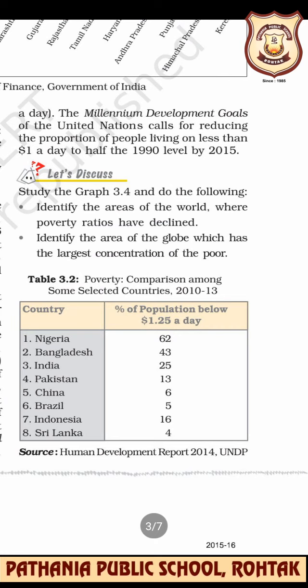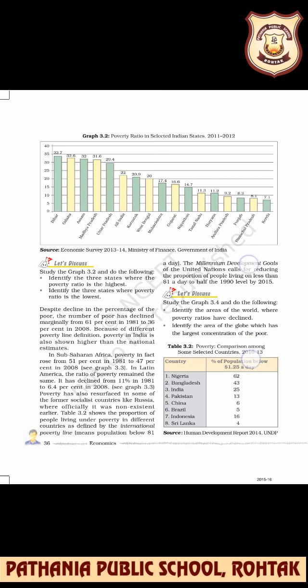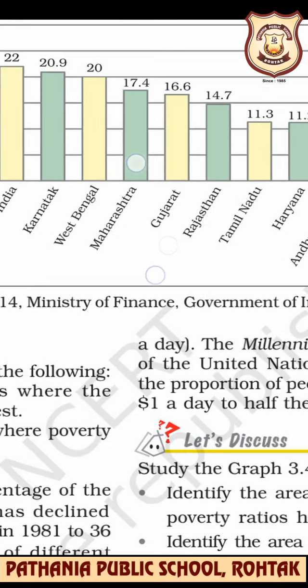And beta, if you see this bar graph, it is also given here. It is related to the interstate disparity. See here, beta. As we know, India's all-India poverty level is 21.9%.